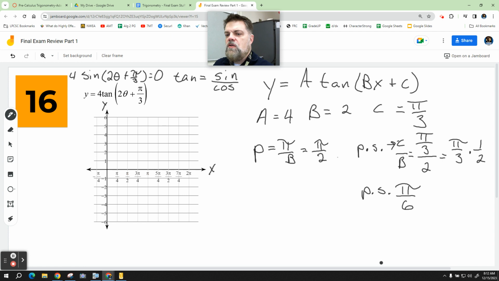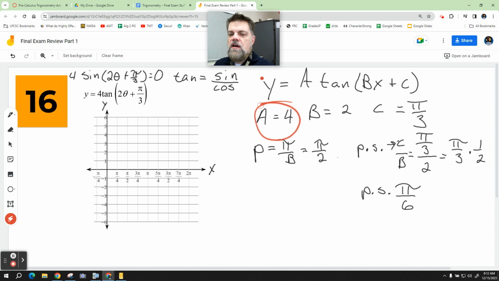So now, if you have this written on your paper, what I want you to do is think in your brain, all right, well, now my period is pi over 2. Now, tangent itself normally goes from negative pi over 2 to pi over 2, and it has a period of pi. But now, the period will be 1/2 that.